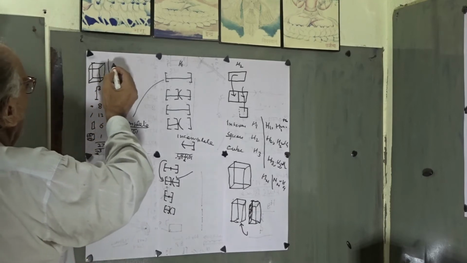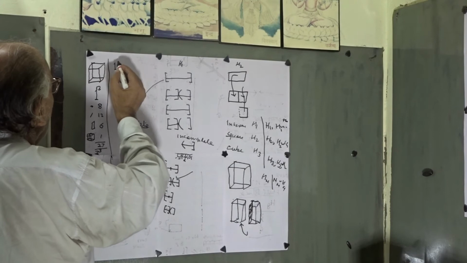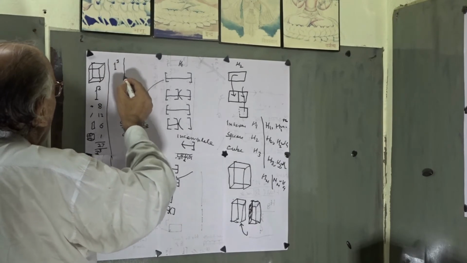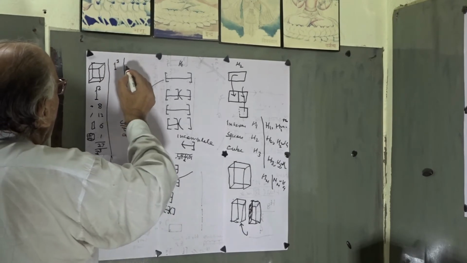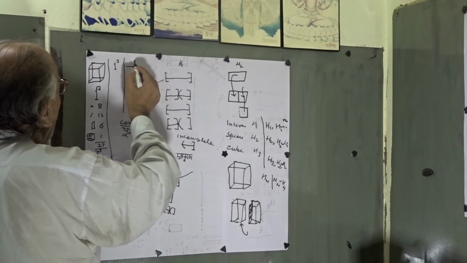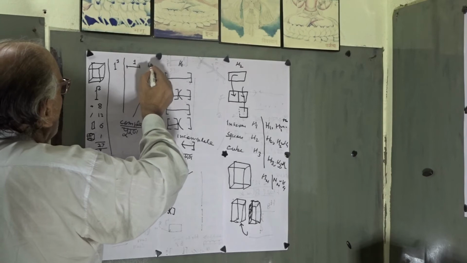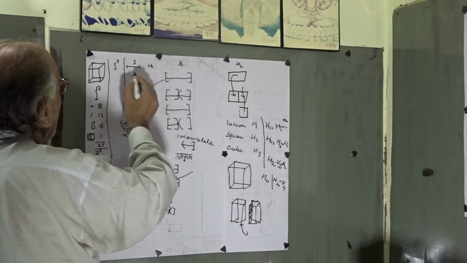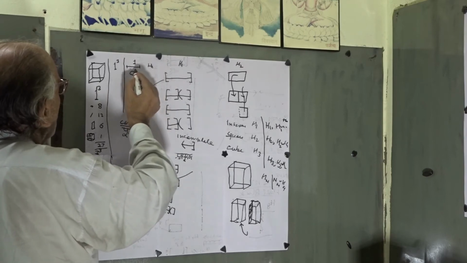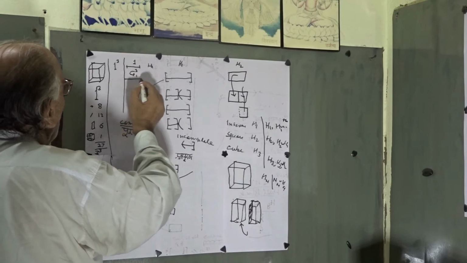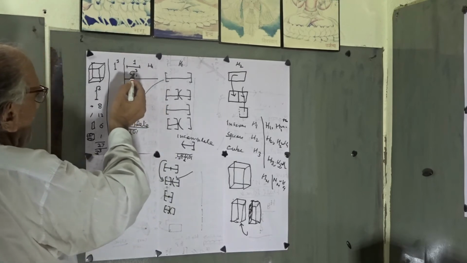So when we are having one cube, here we are having a line of value 1, and this line of value 1 is H1, and H1 is having 3 geometries. One space is having 3 geometries.